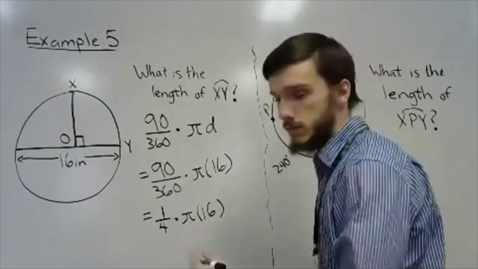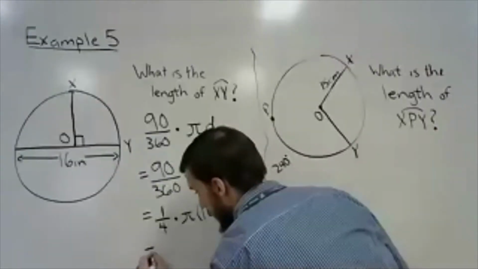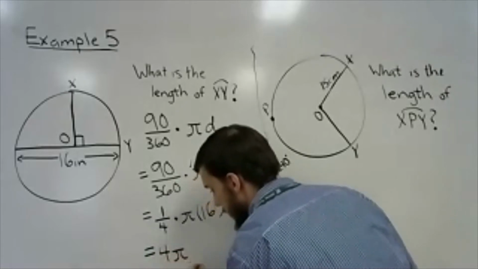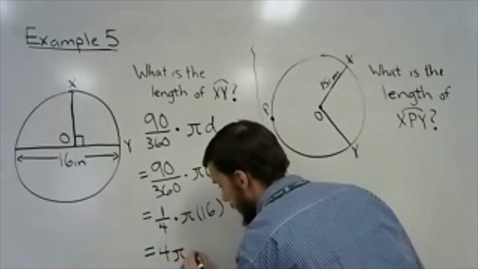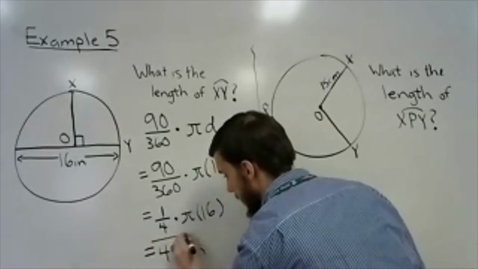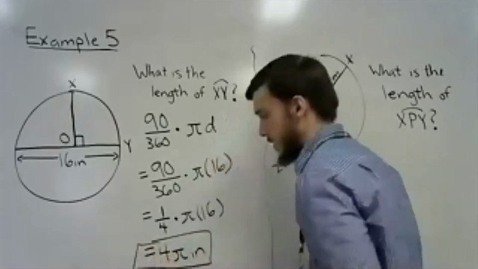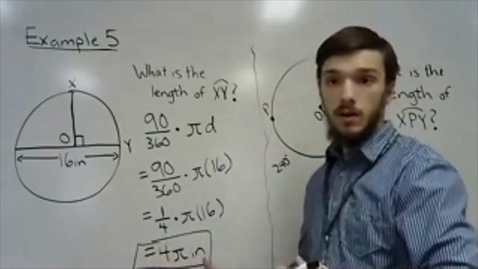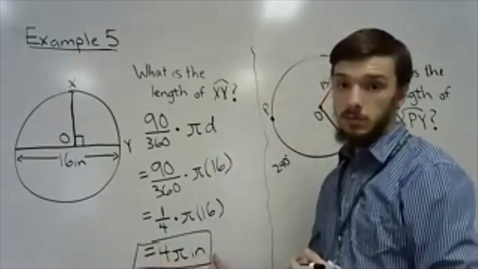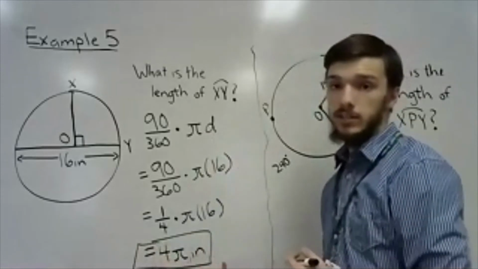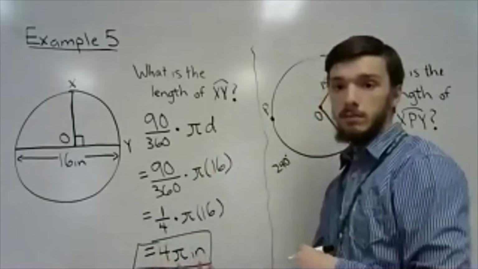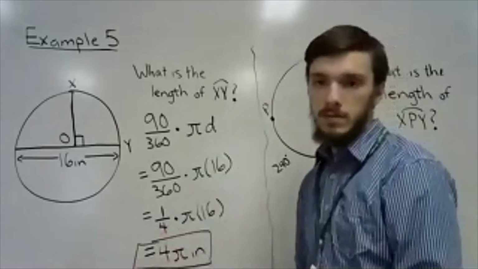That simplifies to 4. So we're left with the length of arc XY is 4 pi inches. And that's our exact answer. If we need an approximation, we can multiply the pi out.